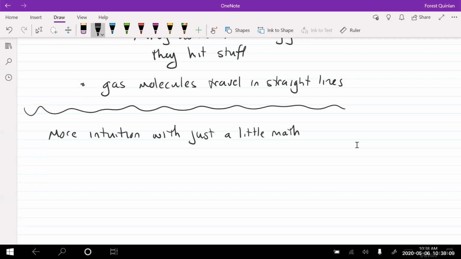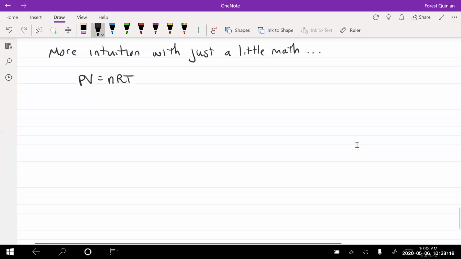Now this math won't be any numbers. I'm going to go to PV equals nRT. I'll define it again a little bit later, but suffice to say, you know, that P is pressure. V is volume.